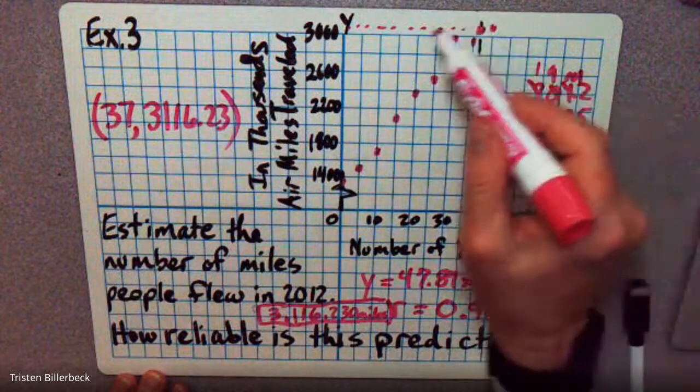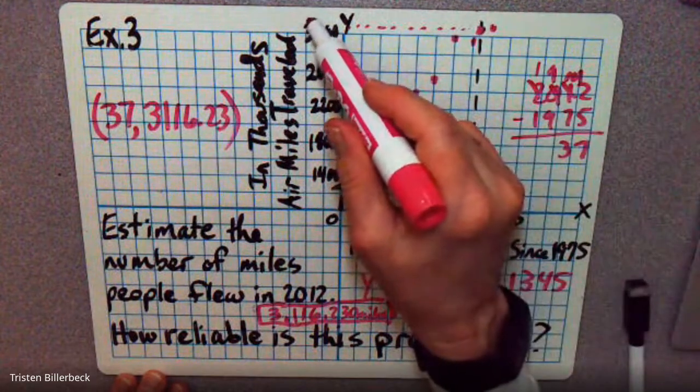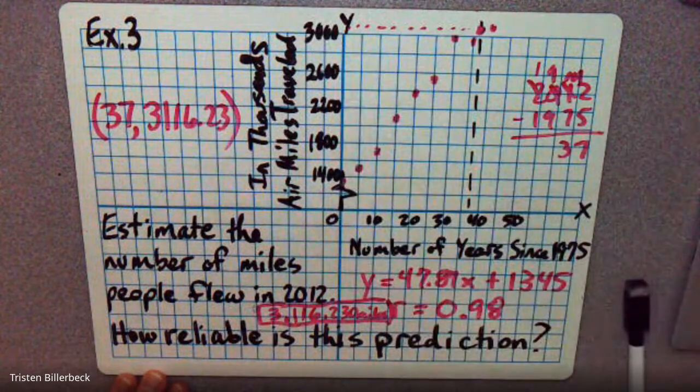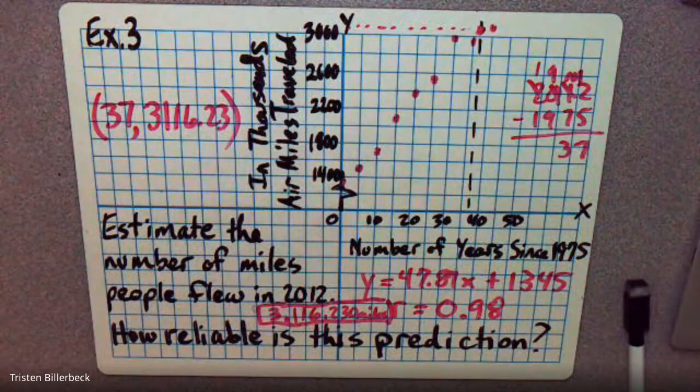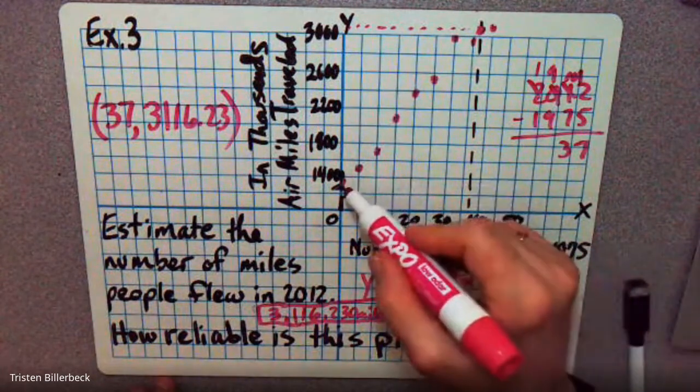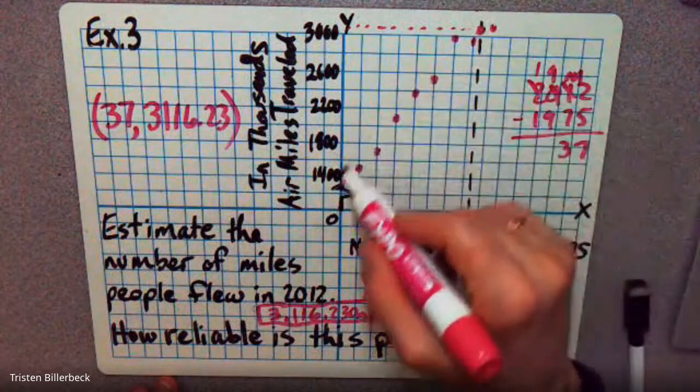So this estimates it pretty well at 3,100,000. Okay, so how reliable is this prediction? That's the important thing. Are we talking about interpolation or extrapolation? Interpolation means it's within the data, so technically we're within the data.